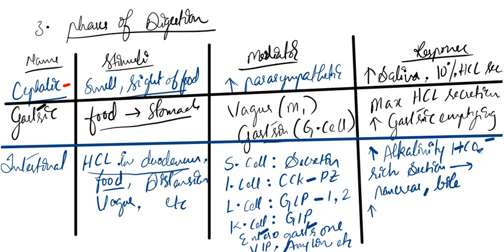They also increase insulin. Insulin is secreted due to GLP-1, and GIP also increases insulin. And they decrease HCl secretion. And decrease gastric emptying.